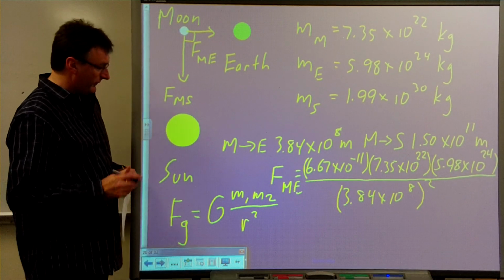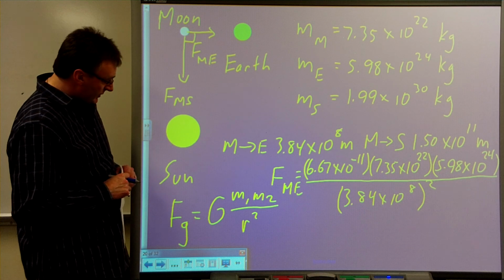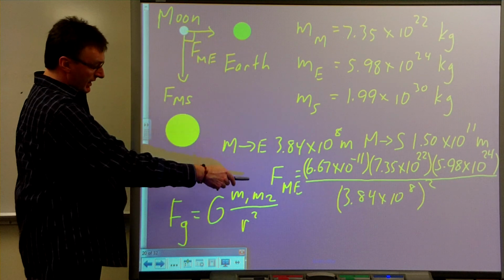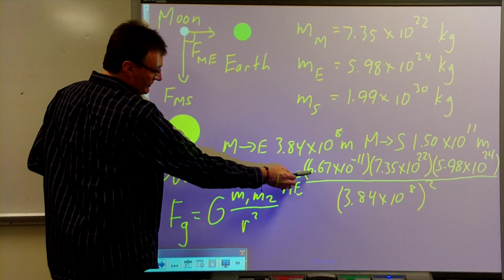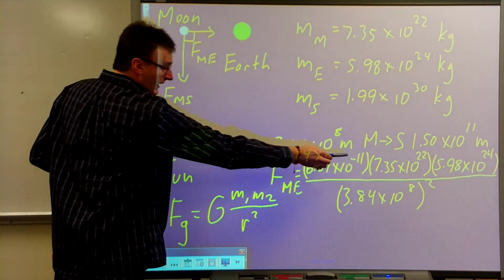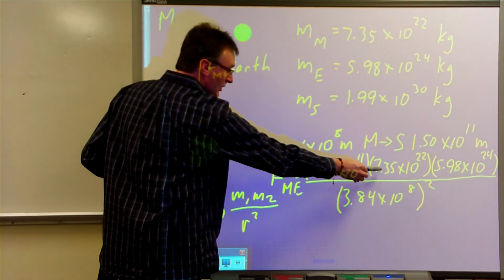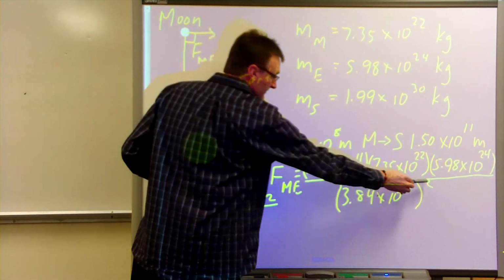So first look at the force of the Earth on the moon. Putting the numbers in here, here's our universal gravitation force constant, the mass of the moon and the mass of the Earth divided by the distance between them squared.